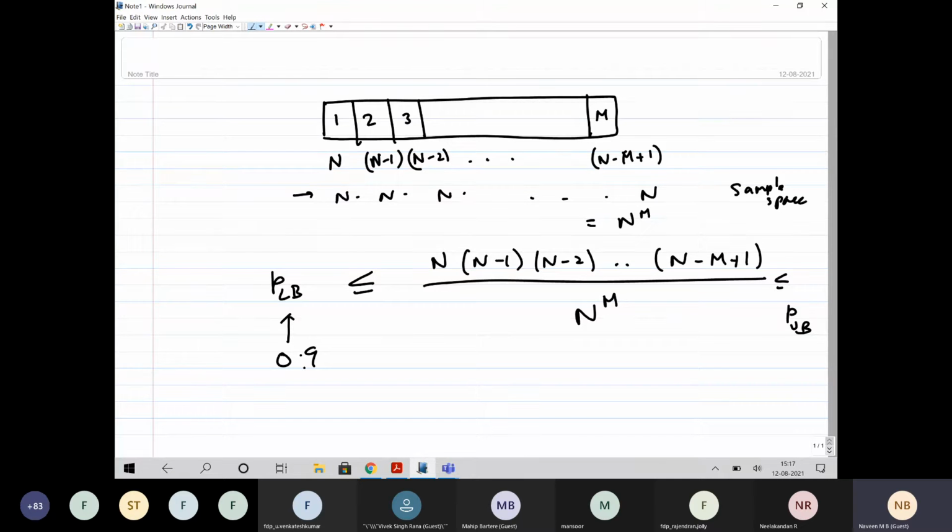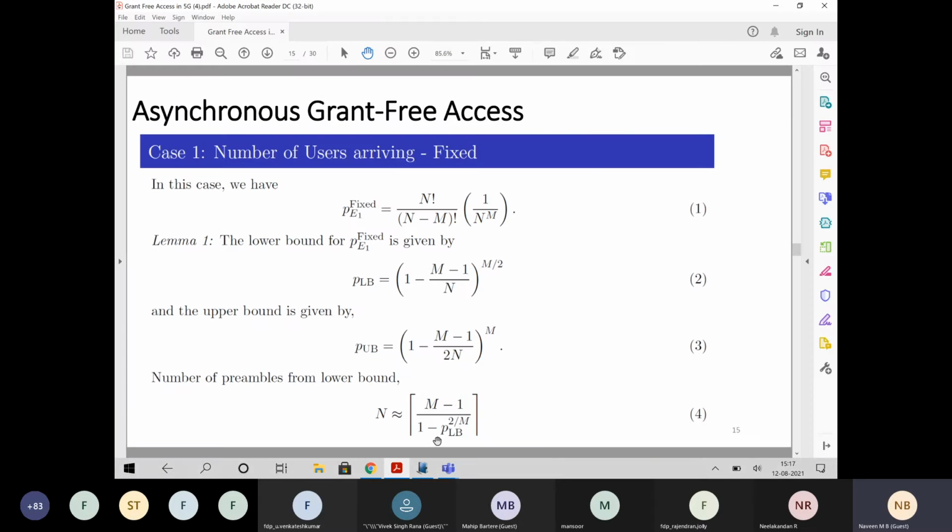If lower bound itself is 90% successful, then the real probability will be slightly above 0.9, because this number is above this number. So that's why we kept on using only the lower bound for the remaining analysis. Okay, so we just started using the lower bound, and using this lower bound for a given number of users m, you can always find out the number of preambles required such that some probability of success you can ensure.